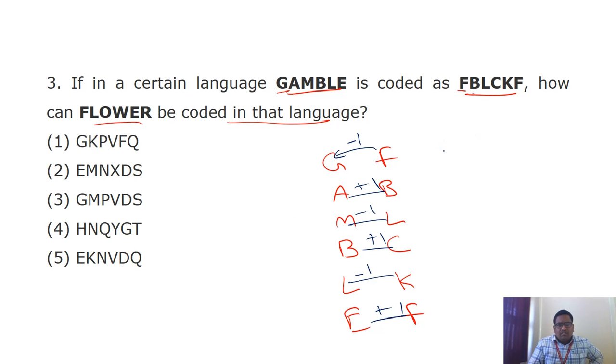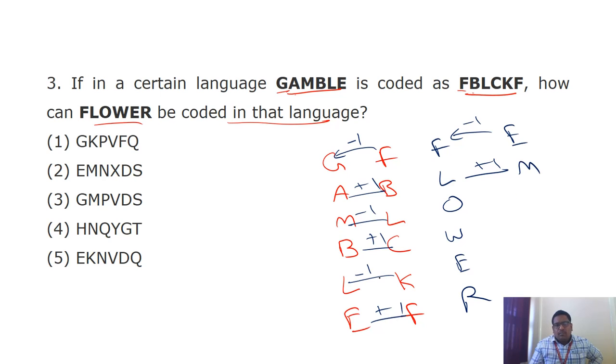Now write down the given word, FLOWER. First I have to do minus 1, that means it should start from E. Then I have to do plus 1, so L to M, so it has to be EM. If you see, only one option is EM. This is the answer. That's it. None other is there. EM comes, only one option, so that's the answer.